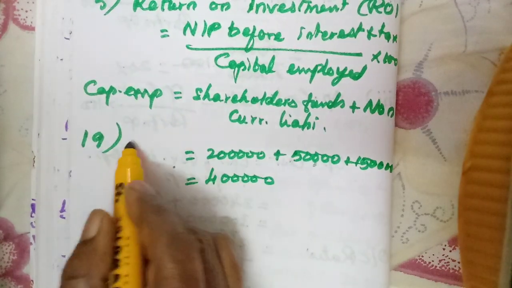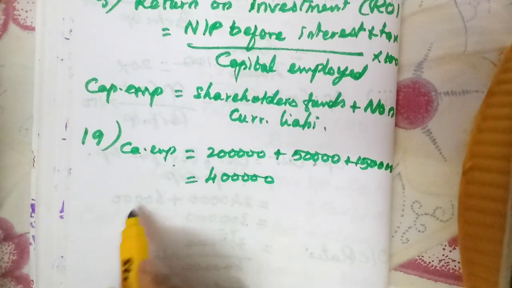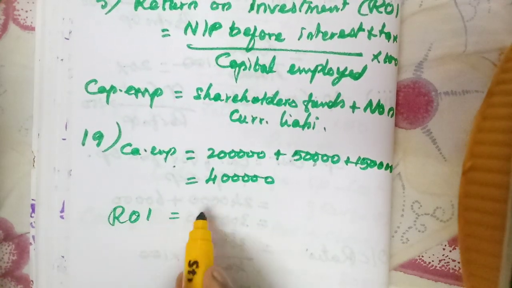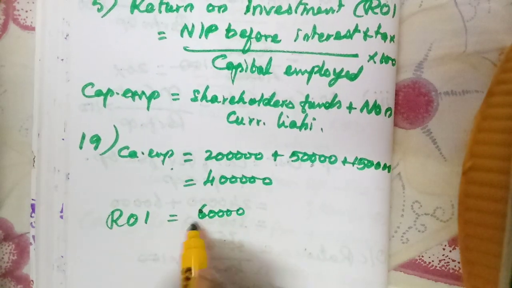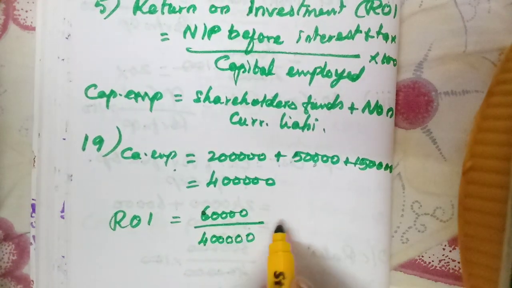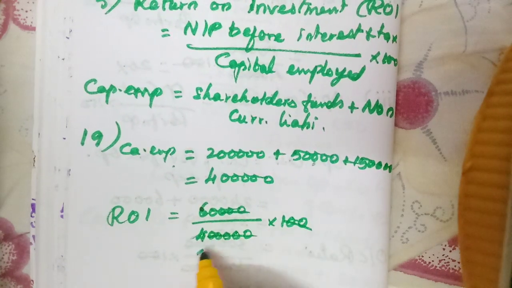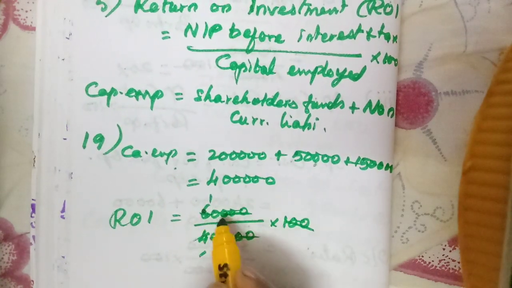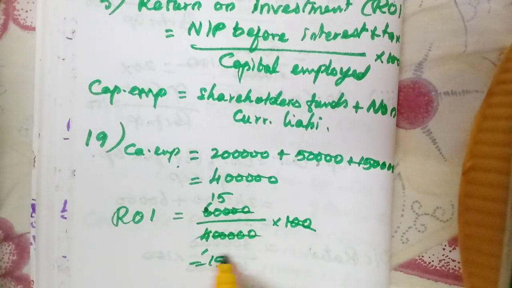This is capital employed. So now we have to calculate the return on investment. Net profit before interest and tax 60,000 divided by capital employed 4 lakh into 100. So 15%.